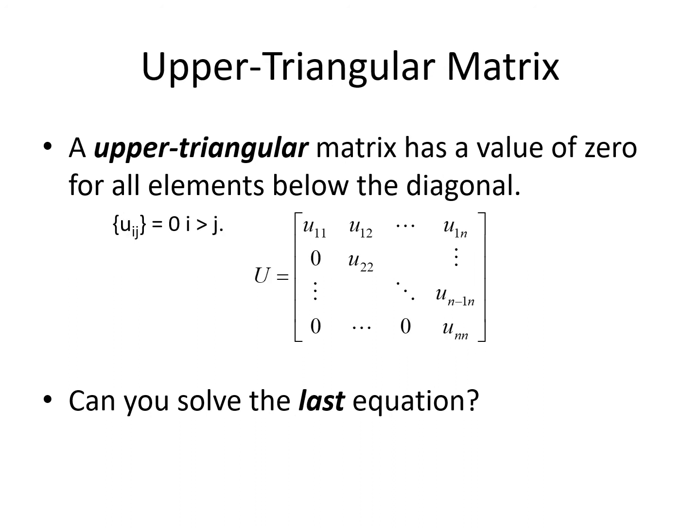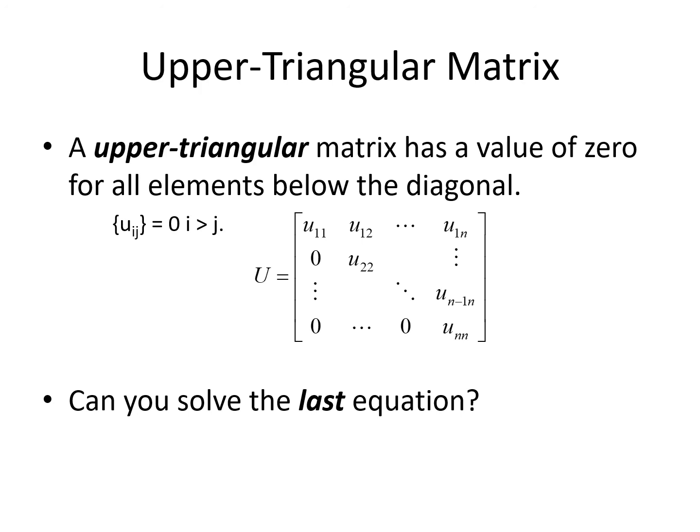Next type of matrix is upper triangular matrix. The definition is: an upper triangular matrix has a value of 0 for all elements below the diagonal, and on or above the diagonal there are non-zero values. Question is, can we solve the last equation?